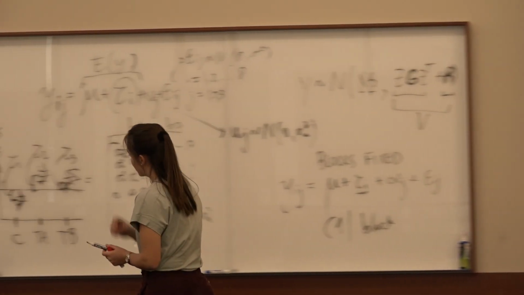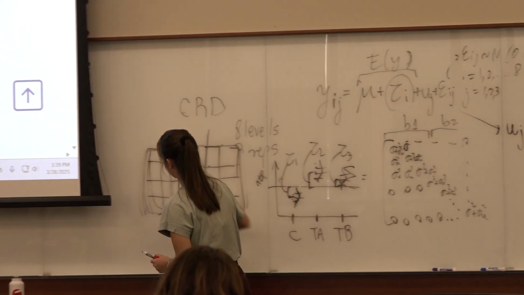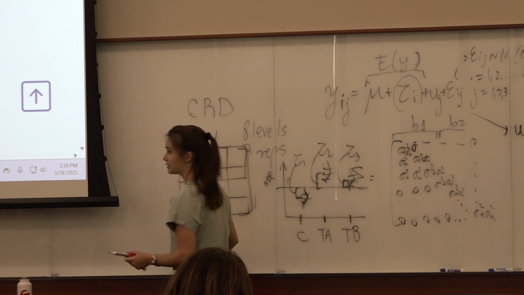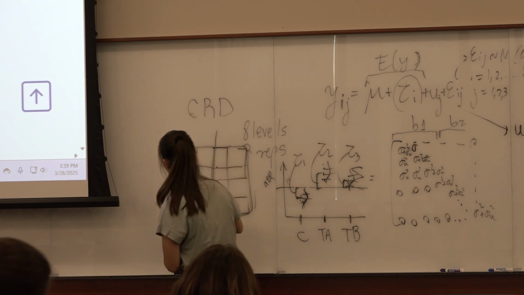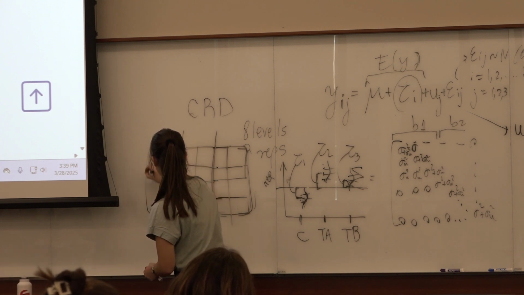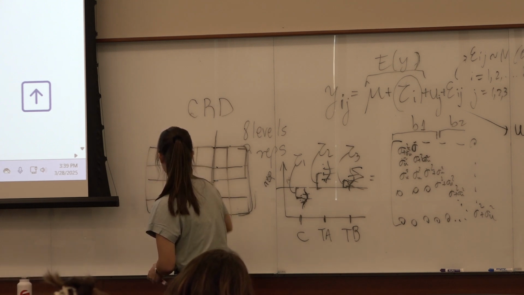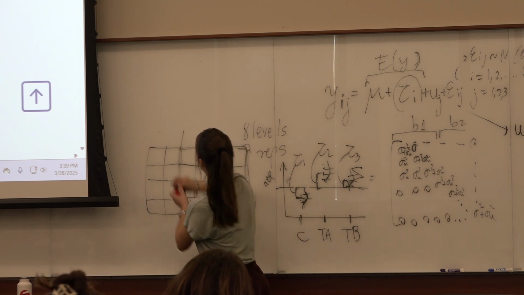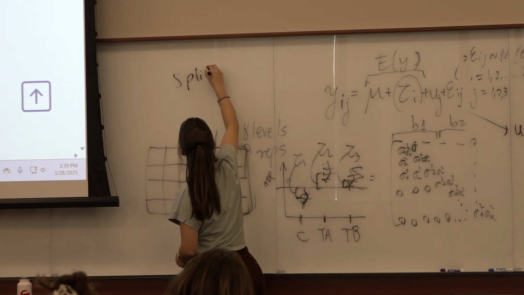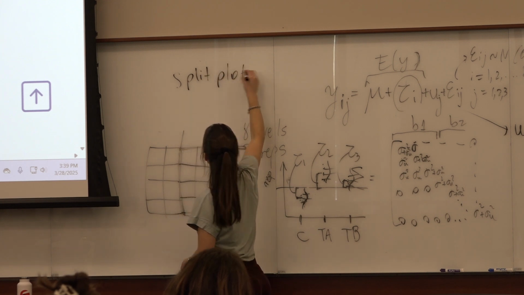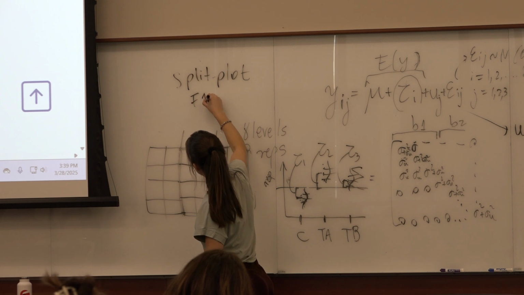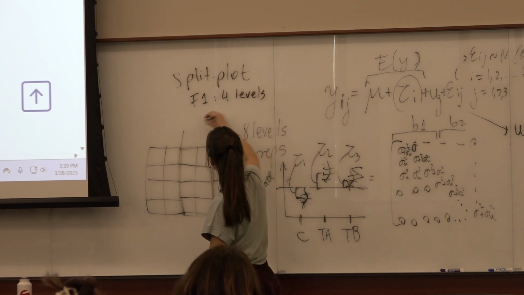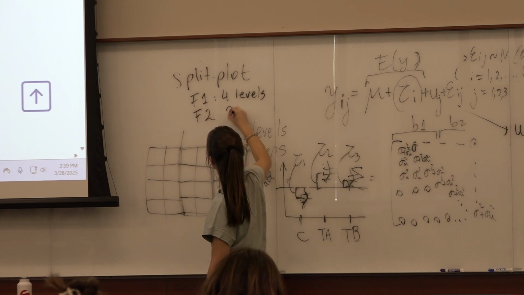And so what we do is the randomization process happens rather sequentially, right? So what happens is this. Let's say that we have 2 treatment factors. Now for split plot, factor 1 with 4 levels, and factor 2 with 2 levels.